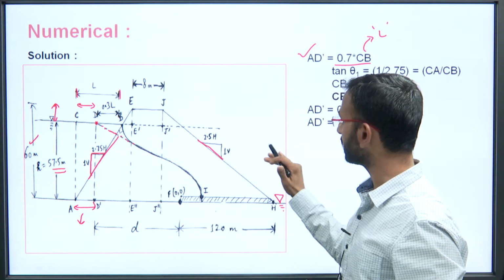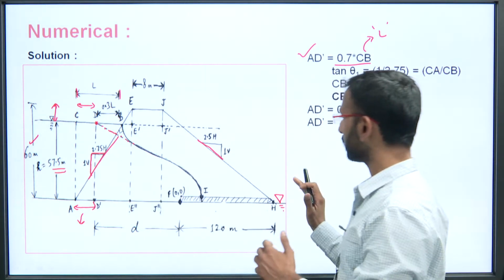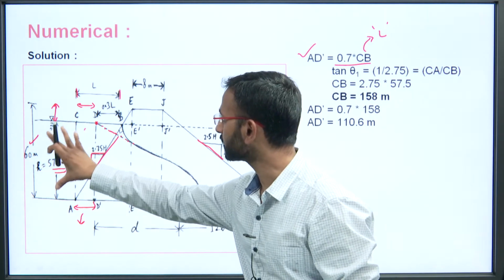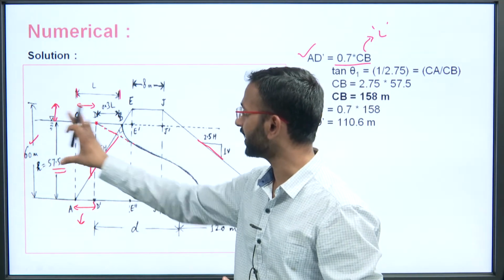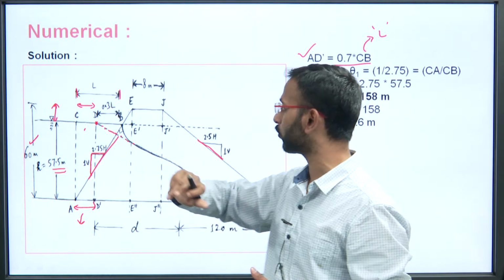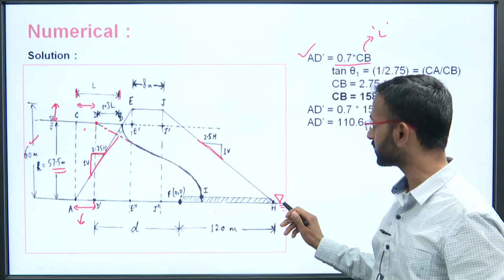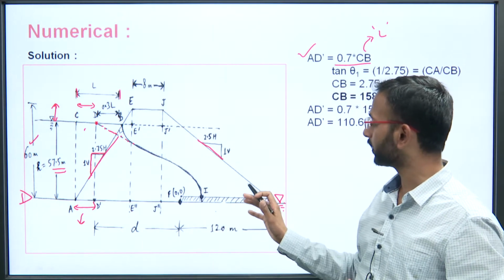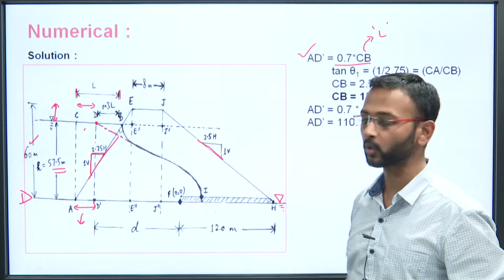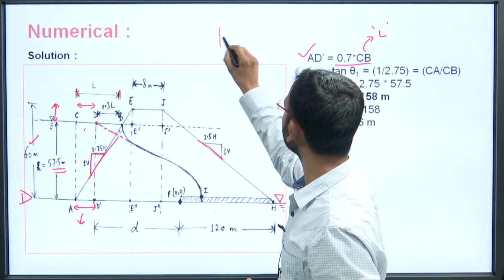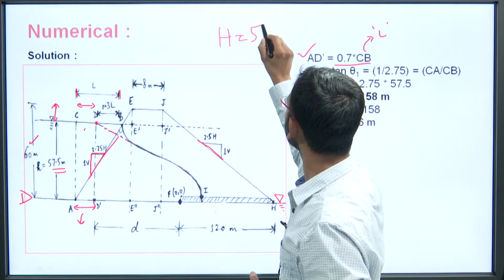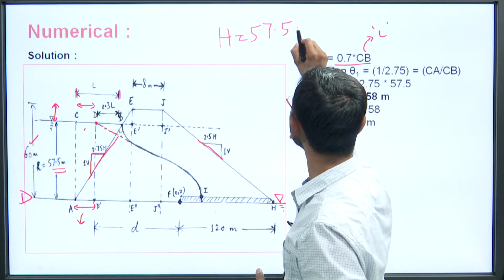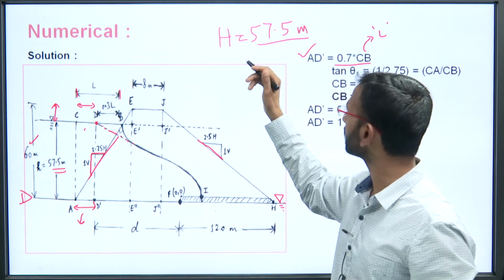So, the difference for the flow to occur, there is a head difference. At this side the head is 57.5 meters of water, and at this side it is 0. Let us say if this is the datum, then the head difference is 57.5 meters. So, we can take the head difference to be 57.5 meters, that we will be considering.